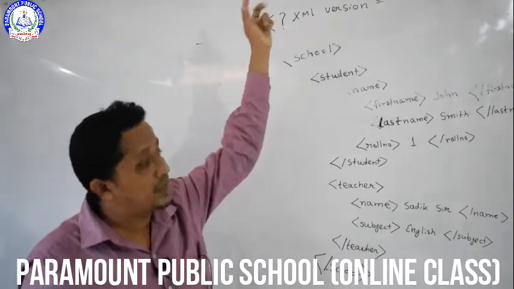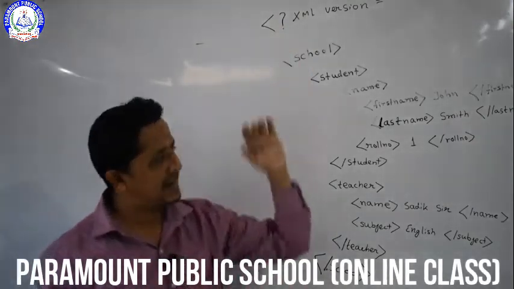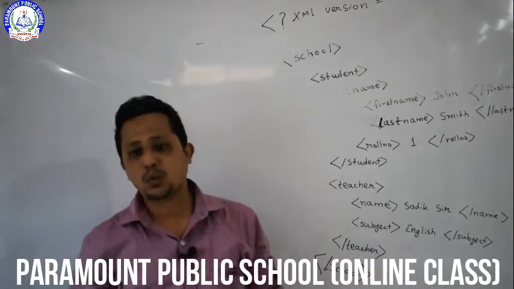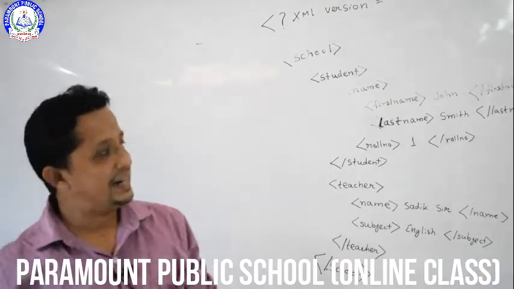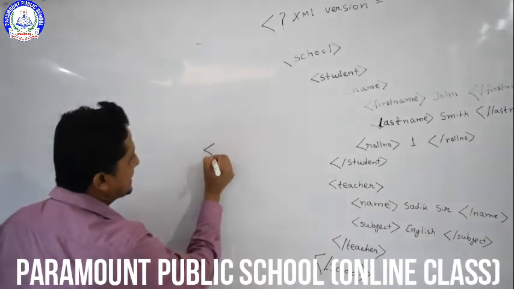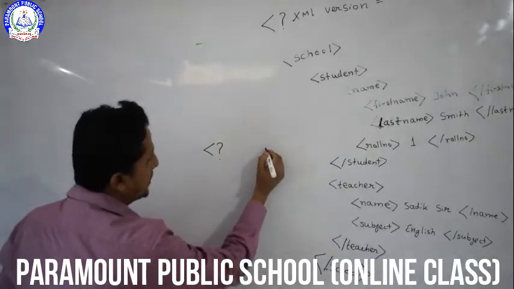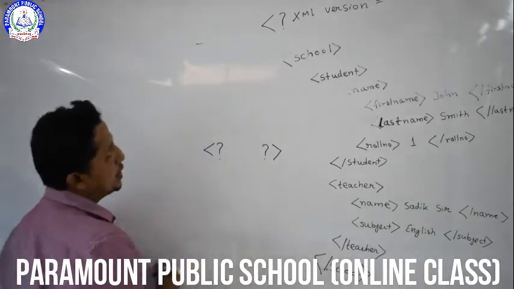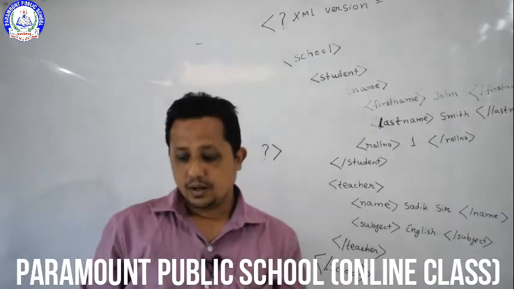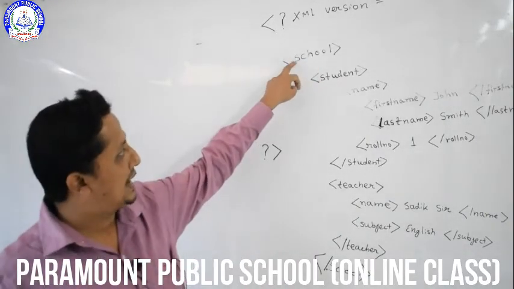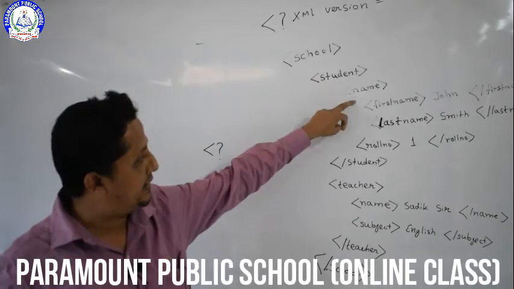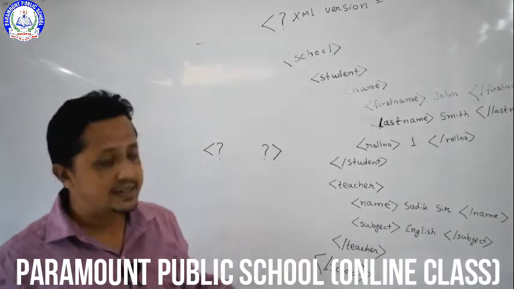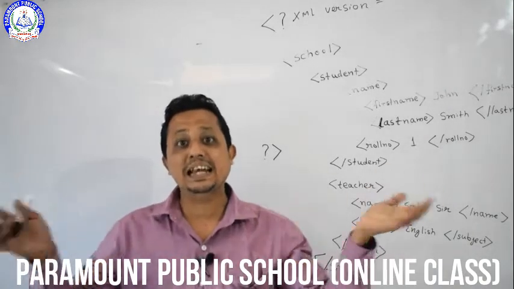Here it starts with a question mark, then xml version is 1.0, and it also ends with a question mark. It starts with a less than sign and a question mark, and it ends with a question mark and a greater than sign. Then we have all these elements: school, student, name, first name, last name, roll number, teacher, name, subject. These are all known as elements.